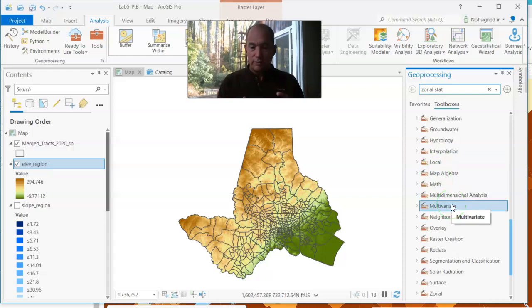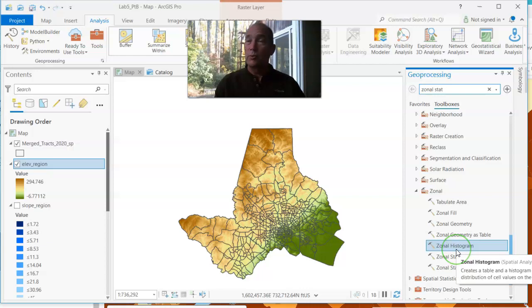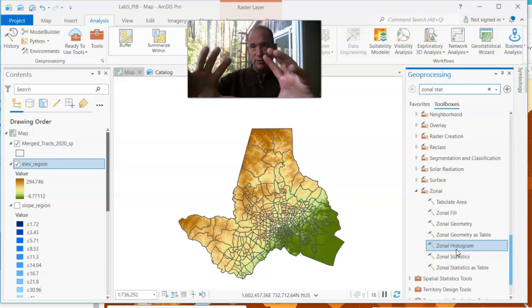Different functions with rasters operate at different scales, which is an important thing to note if you continue working with rasters in your future. It's a helpful thing to know. But there are a whole bunch of tools that allow you to work with zones, in this case, tracts. So we're taking those census tracts, dropping that whole mesh of them on top of our raster, and gathering information about each one of those tracts.